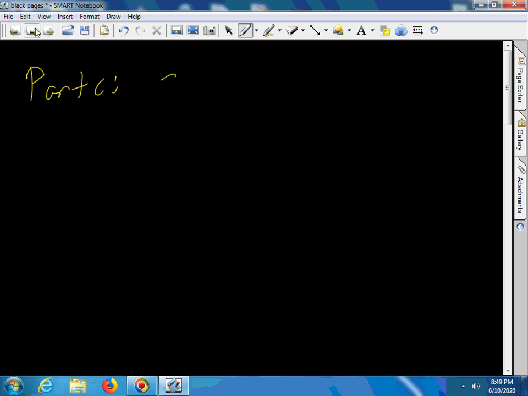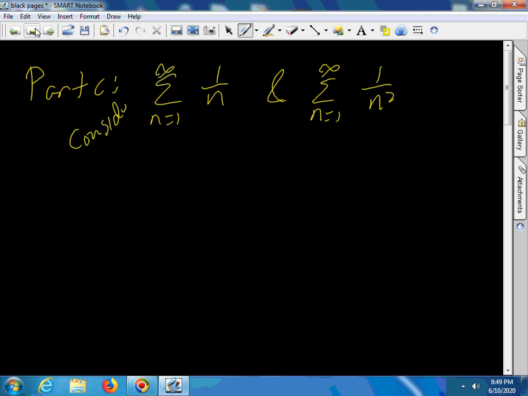Let's just consider the summation as n goes from 1 to infinity of 1 over n, and the summation as n goes from 1 to infinity of 1 over n squared.